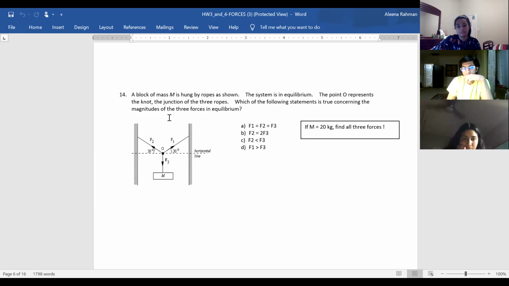And then, the vertical components, F1 sine 30 and F2 sine 30, are not equal to each other. Sorry, we don't know that yet. F1 sine 30 plus F2 sine 30 equals F3, right? Yeah.